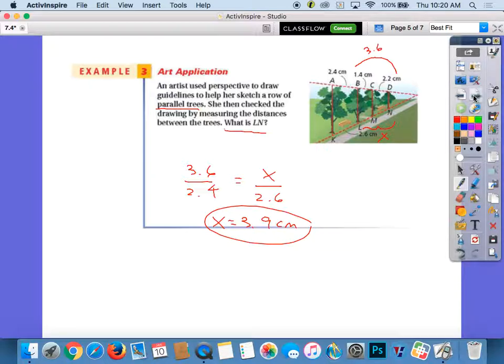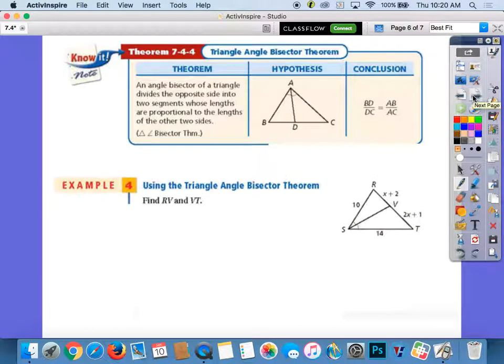The last one that we'll go over is going to be your angle bisector theorem. Okay? And so the angle bisector, remember guys, bisector, it cuts it in half, of a triangle divides the opposite side, this is your opposite side, into two segments that are proportional to the lengths of the other two sides. All right?